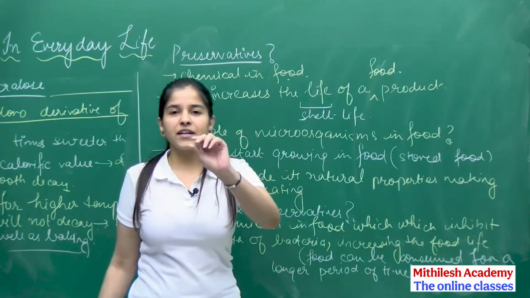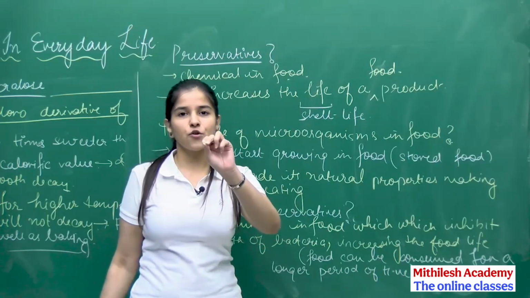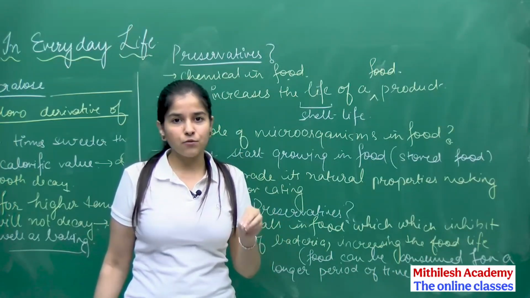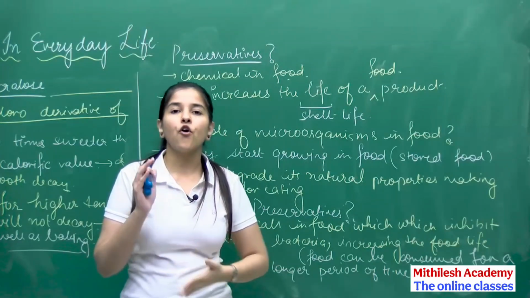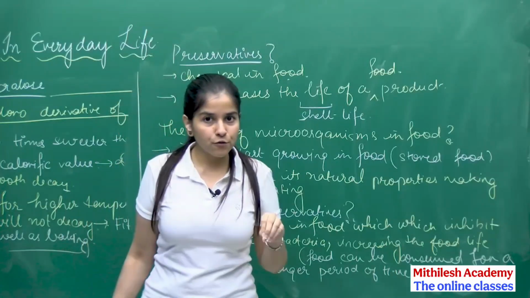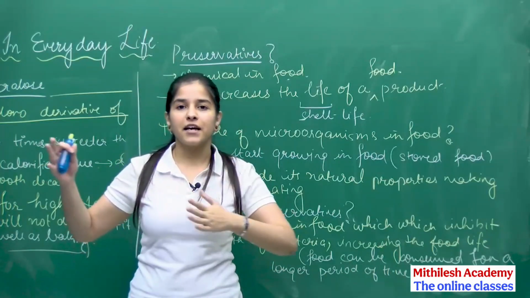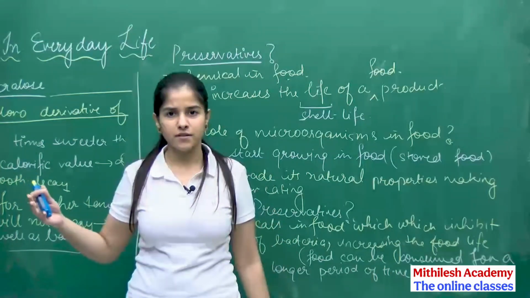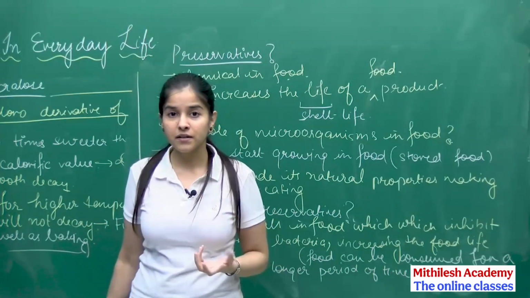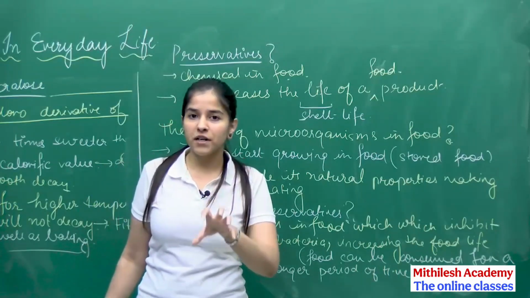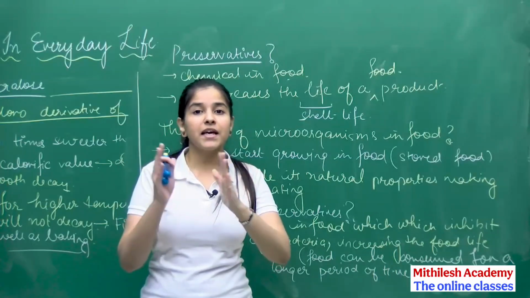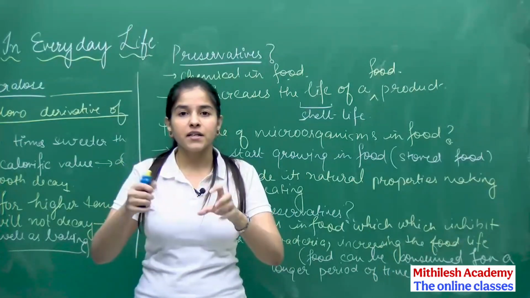You must have an idea about the manufacturing date that is written on the foods available in the market. The manufacturing date is actually the life of that particular food. The preservatives have been added to that food and they increase the life. It may be 1 year or 2 years. For some food materials, like 1 packet of milk or 1 packet of bread, what is written over it?